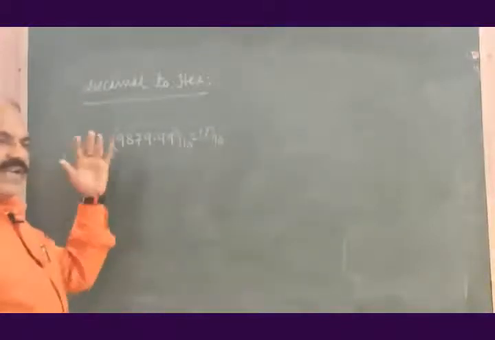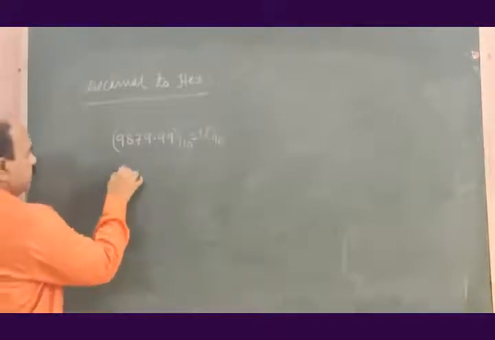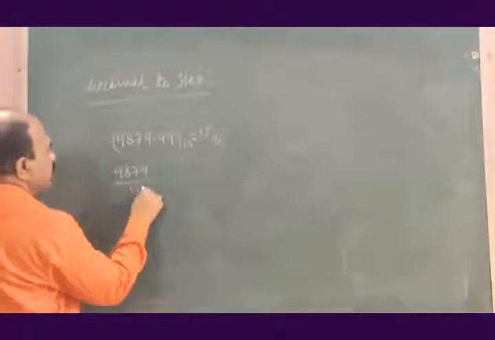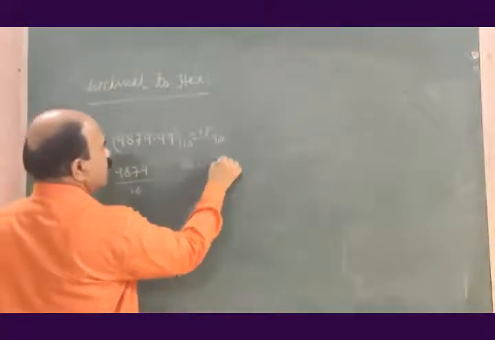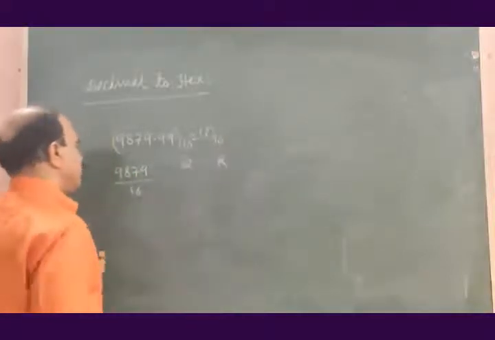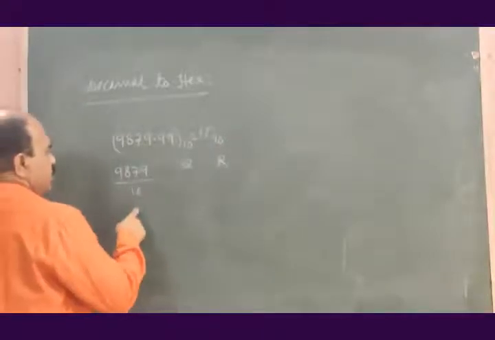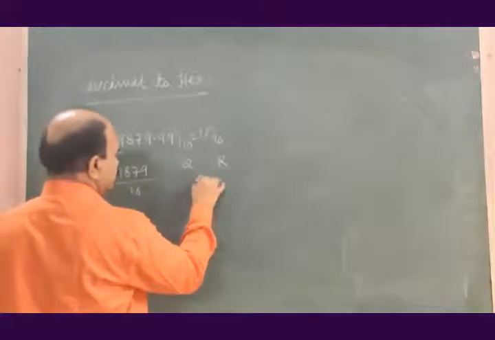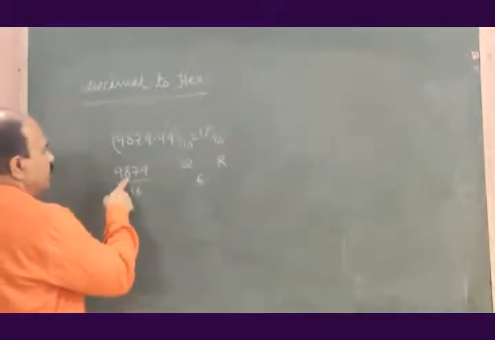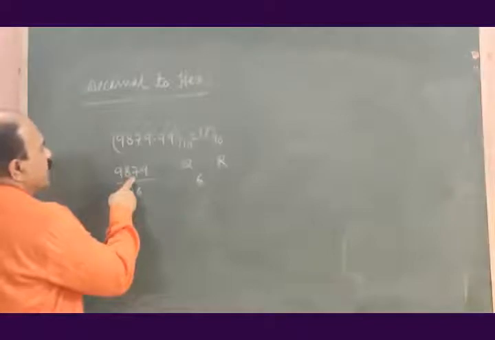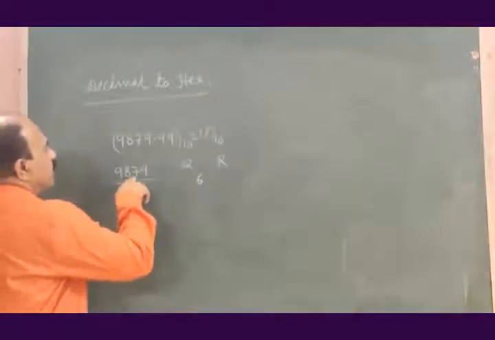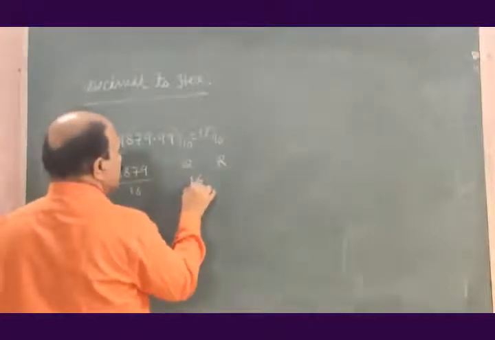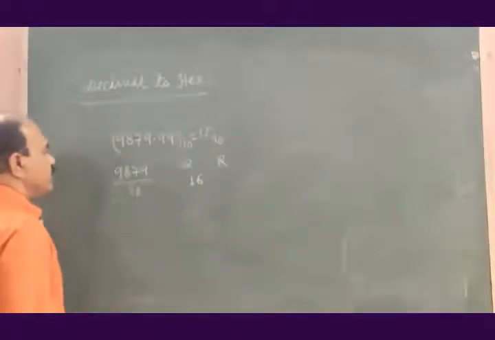Let us first go for the integral part. 9879 divided by 16, quotient, remainder. 16 6s are 96, 2 left, so it will become 27. 16 ones are 16.